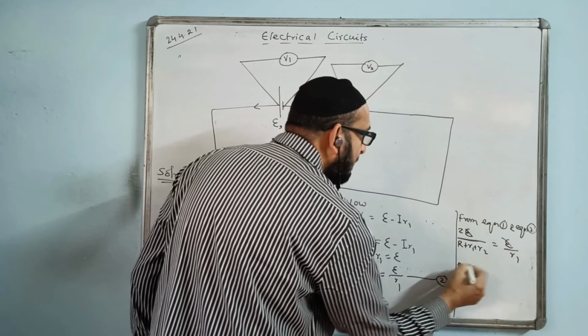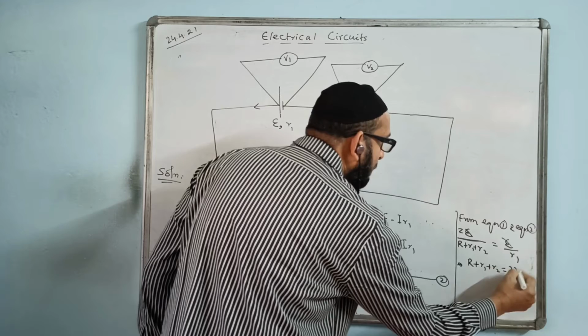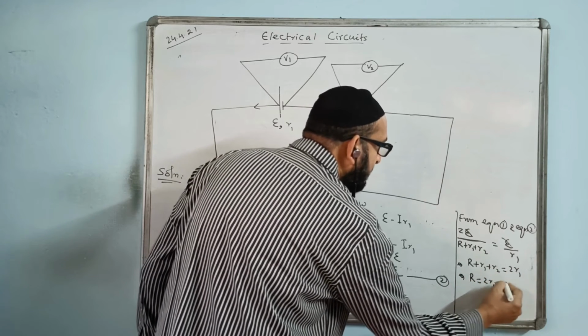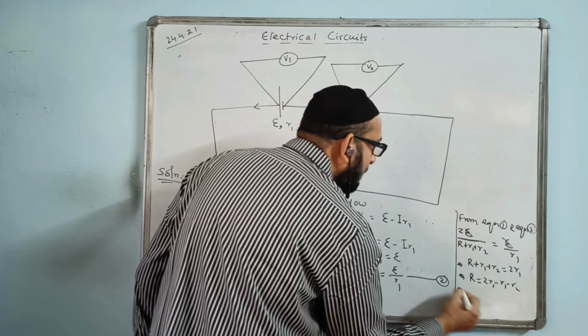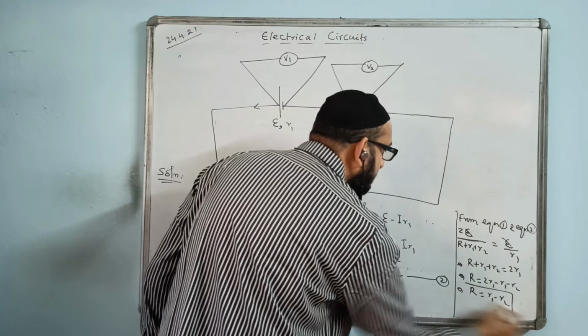E and E cancel. R plus R1 plus R2 is equal to 2R1. Therefore, capital R value will become 2R1 minus R1 minus R2, that is, R1 minus R2. So this is the answer.